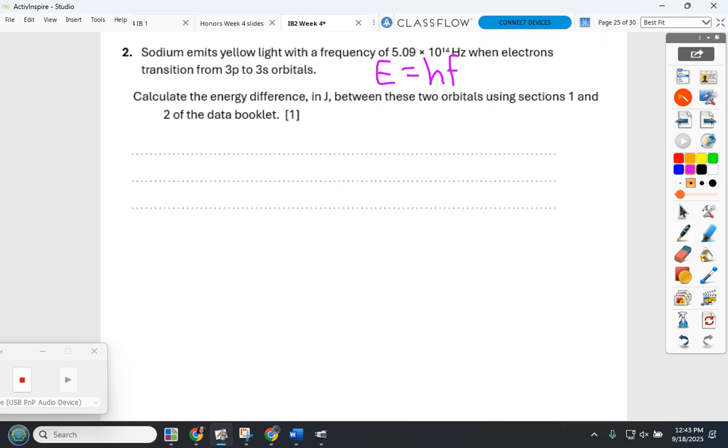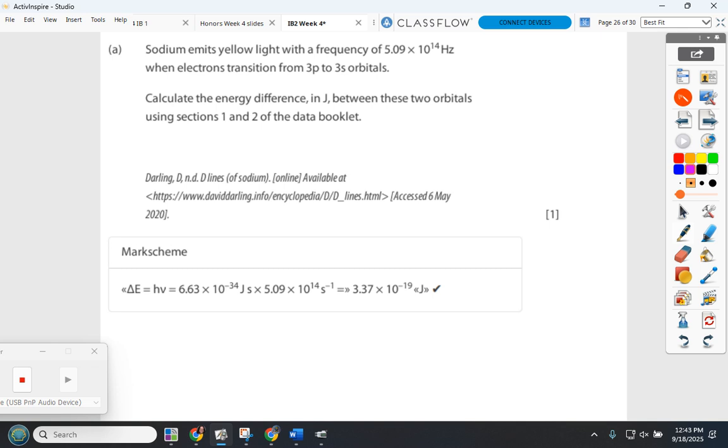So for something like a calculation, sometimes they'll give alternate methods of doing a calculation if it's like a stoichiometry multi-part kind of thing. But basically it's saying, here's a nu, which is the same as an f, where we're taking Planck's constant and multiplying it by the frequency.